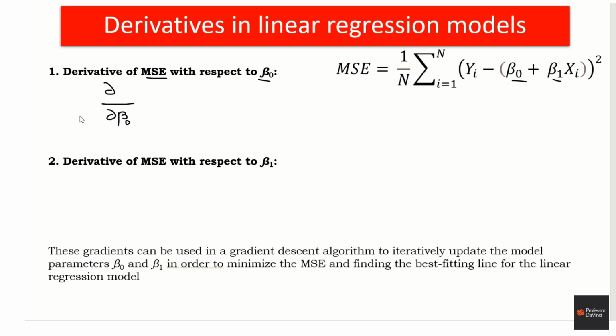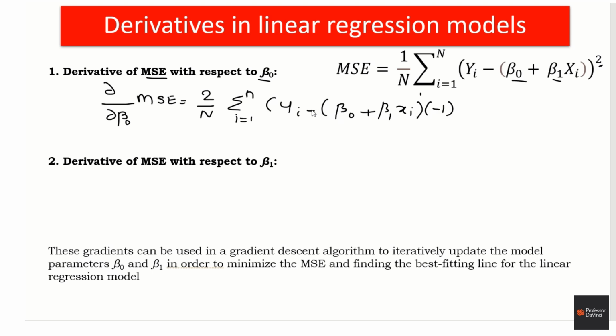The partial derivative of MSE with respect to beta naught: the power here is 2, so we bring down the power and keep the base, 2 by n, summation of i equal to 1 to n, of (yi minus (beta naught plus beta 1 xi)) to the power 2 minus 1, that is power 1, and then the derivative of the base, which is minus 1.